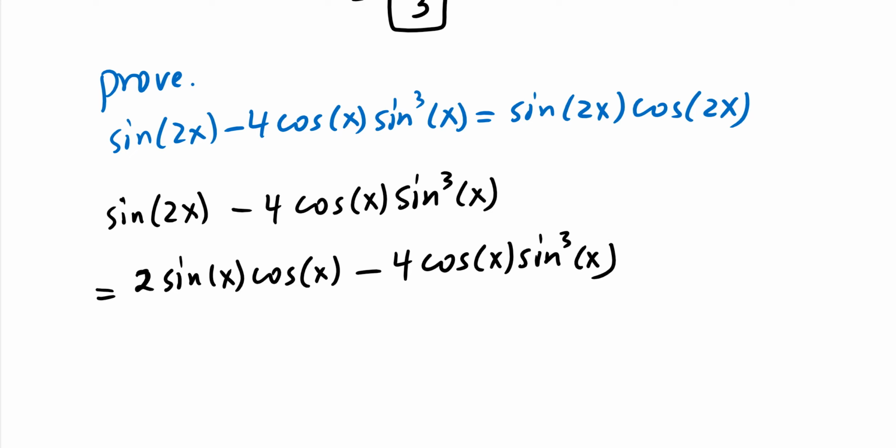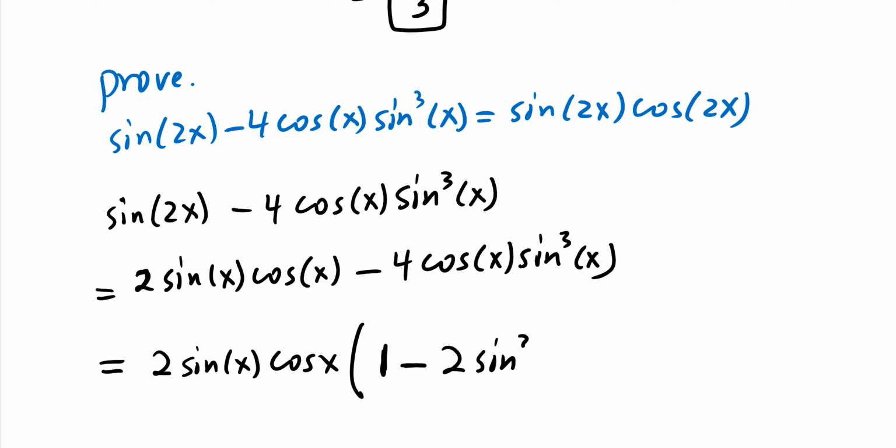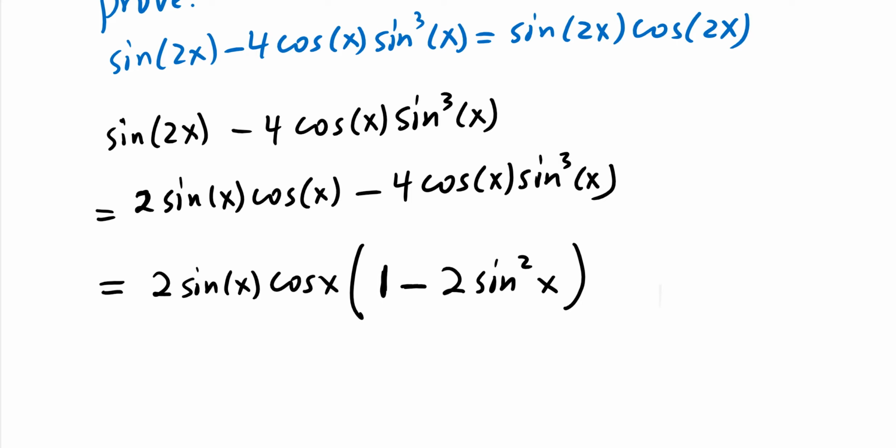One thing we can do here is some factoring. Factor the 2 out. Factor a copy of sine and a copy of cosine. What is left is 1 minus, I need the 2 because 2 times 2 is 4. I took a copy of cosine out and 1 copy of sine. That would leave 2 copies of sine.